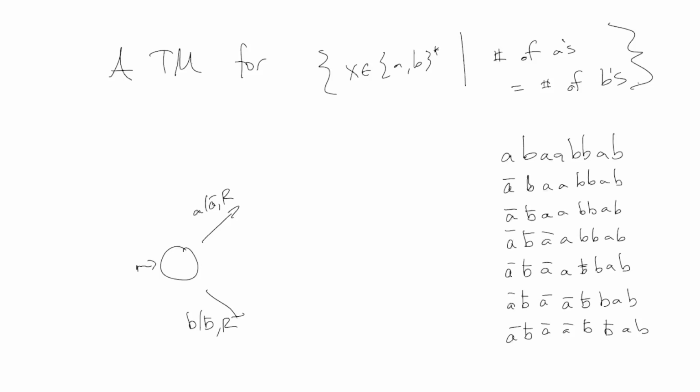So I don't think you want B here. This loop should only go through other A's, or B bars, which are looking for a mark.